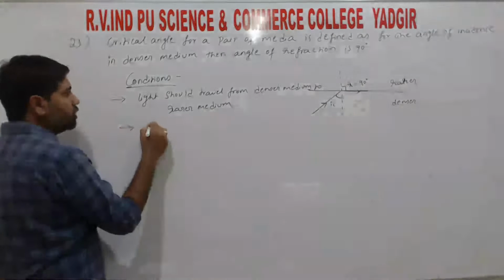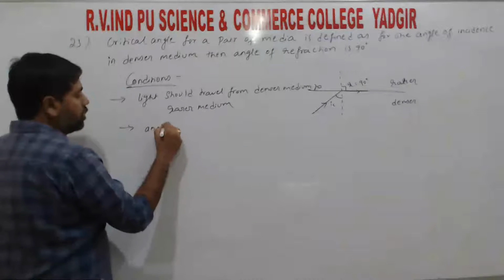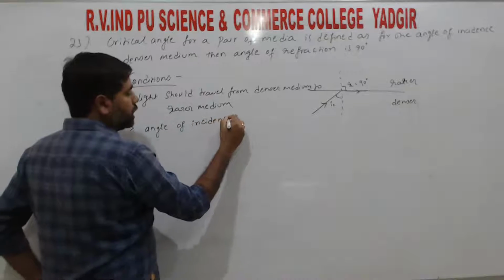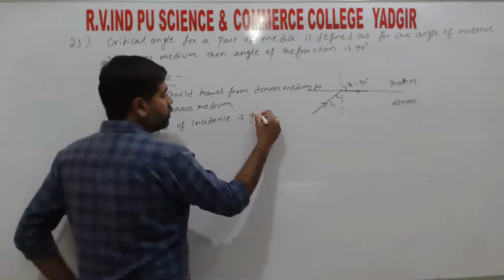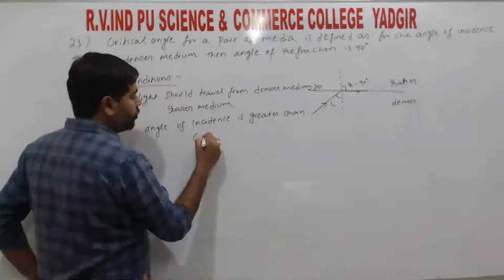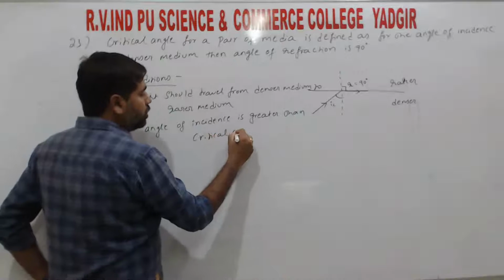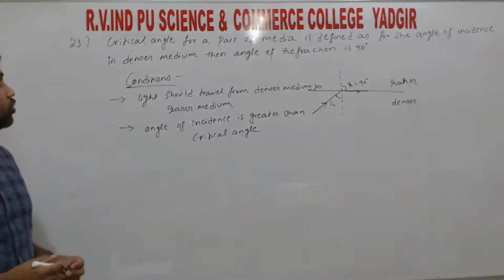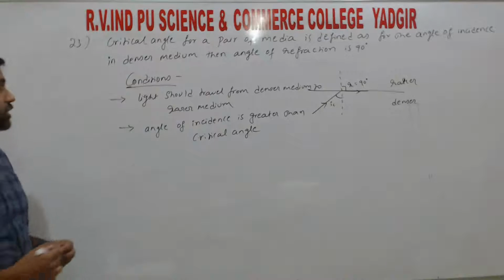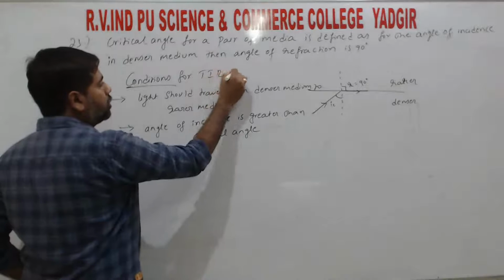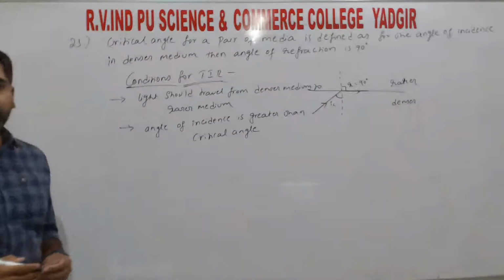The second is that the angle of incidence is greater than the critical angle, right? So these are the two conditions for total internal reflection. Conditions for total internal reflection, right?